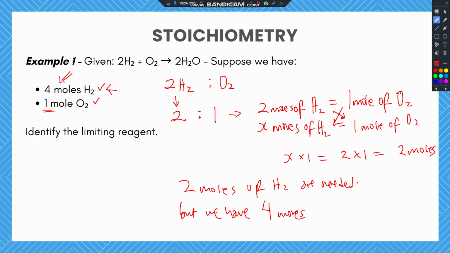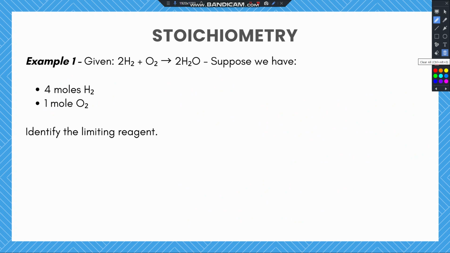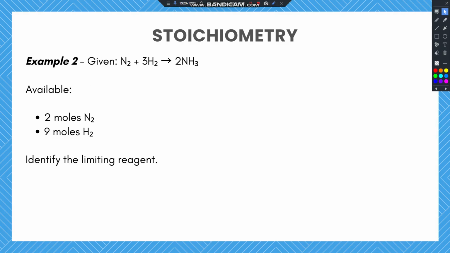So it means that hydrogen is in excess, and that automatically means oxygen is in short supply. So the limiting reagent is oxygen, which is in short supply. Can you see that we can identify the limiting reagent from questions like this?